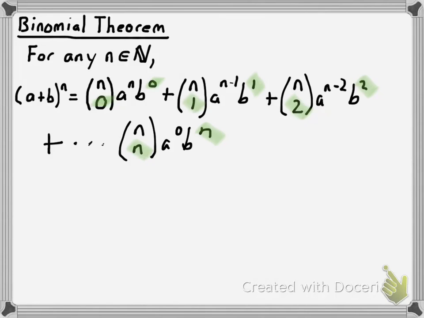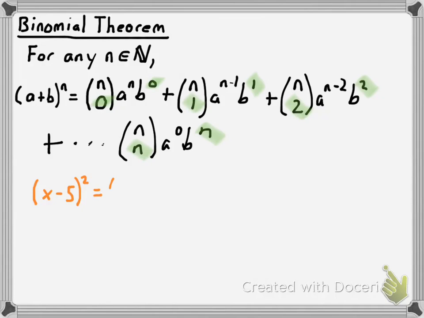Now let me give you a very simple example with a binomial that you already know how to expand. Let's just say we want to square x minus 5. Alright, well, first of all, we need to know the value of n that we're working with, and that's going to be 2 because it's the exponent for our binomial.